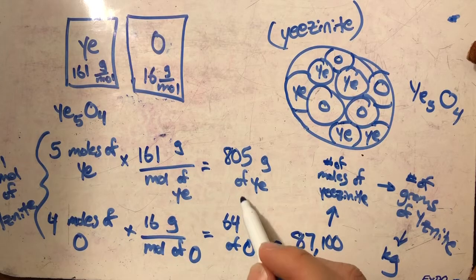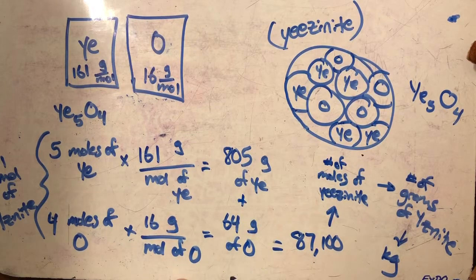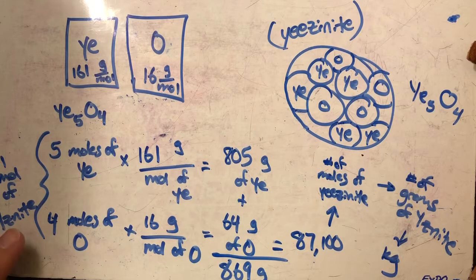So if we add those together, then we end up with 869. That's not the right way to write 9. Well, I guess it could be, but it's going to confuse me later. 869 grams in 1 mole. We'll write a line so that it's maybe possible to see that. In 1 mole of Yeezinite.